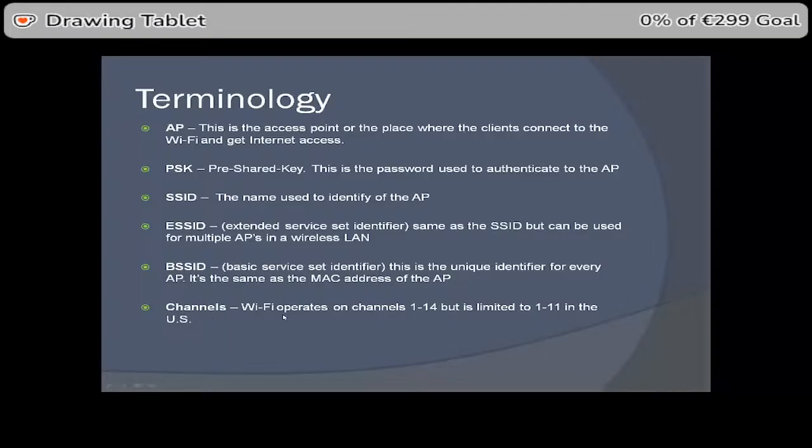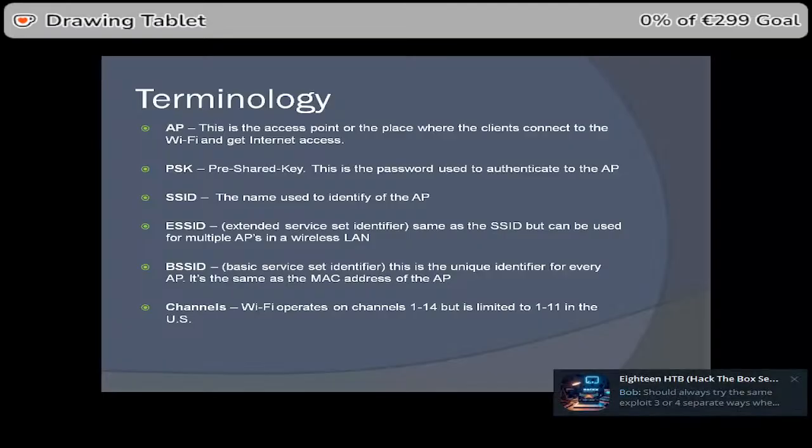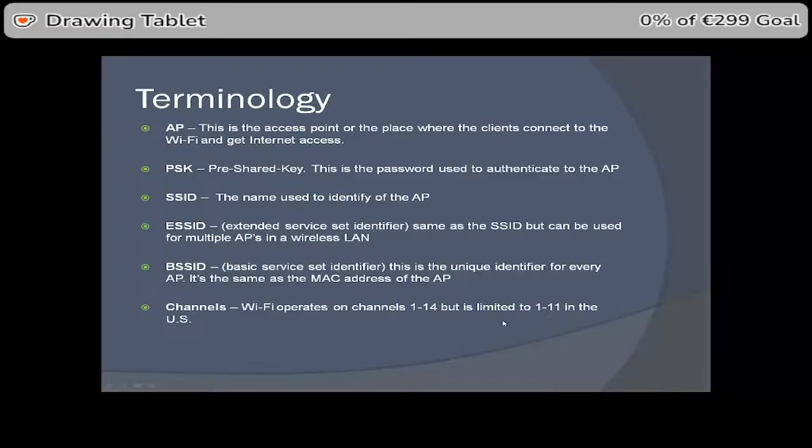Channels. Wi-Fi operates on channels 1 through 14, but it's limited to 1 through 11 in the US. Now, depending upon what country you're in, yours may be different. All of the APs and the Wi-Fi adapters in the US are limited to 1 through 11 by law, right? But in other countries, there's 12, 13, and 14 that are also available.